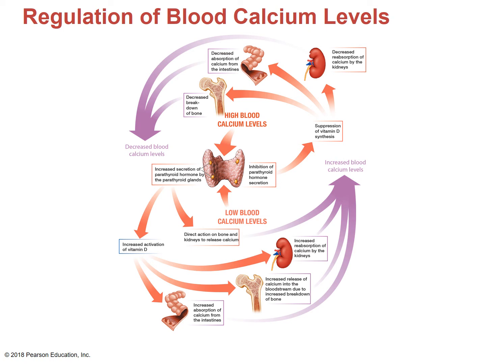When you have low levels of calcium, it increases the absorption of calcium from the intestines, increases the release of calcium into the bloodstream from the bones, which means increasing the work of the osteoclasts, and it increases the absorption of calcium by the kidneys.